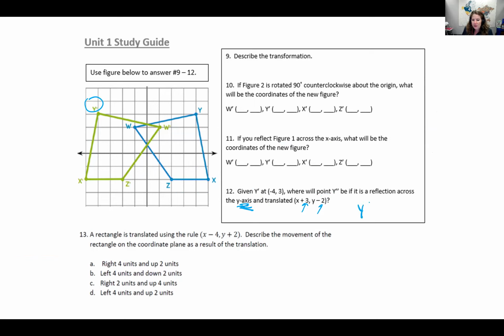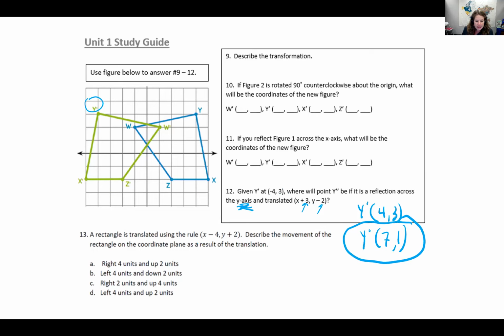So our first change is going to be positive 4, 3. The x changed, so y did not. That's a reflection over the y. And then we're going to increase our x by 3. So 4 plus 3 is 7. And then we're going to decrease our y by 2. So 3 minus 2 is 1. So that is the final answer right there.